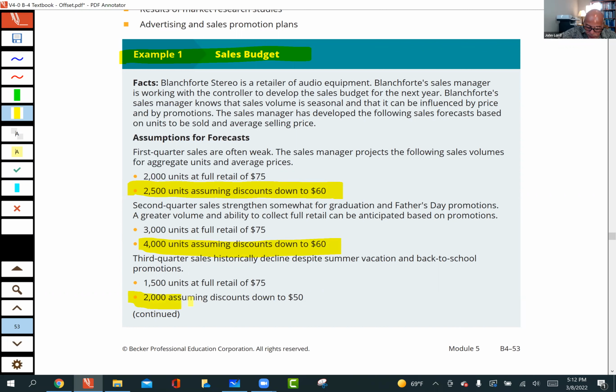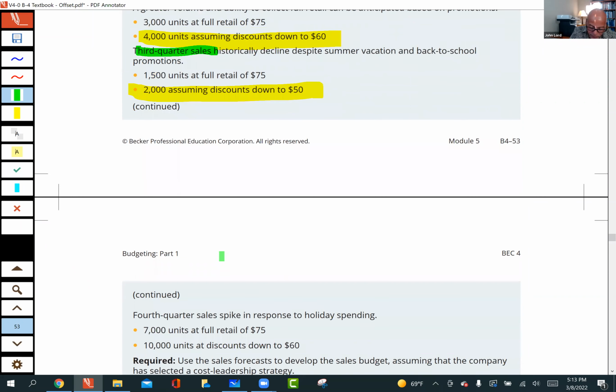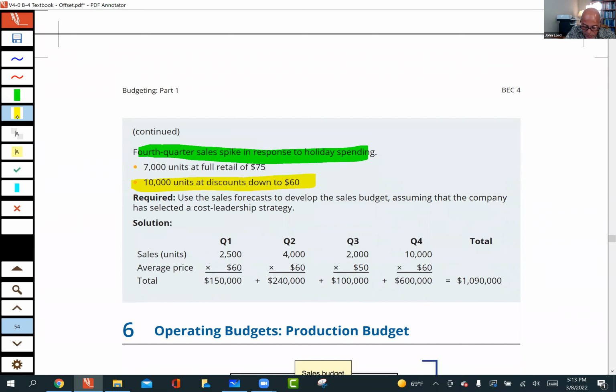lower prices. Okay, and they do this by quarter, first quarter, second quarter, third quarter, and they're taking in some seasonal considerations here. And then they do this for the fourth quarter. And again, I'm highlighting the larger number of units at the lower price, because they say that they select a cost leadership strategy, meaning that they want to go for what?